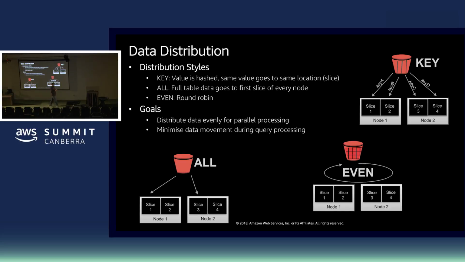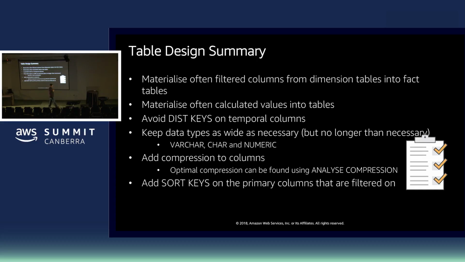The whole idea behind distribution is to distribute the data evenly for parallel processing and also reduce the network chatter between the nodes. Any network chatter is I/O, and if I cannot reduce the I/O, my queries are not going to run faster. So I need to reduce my I/O. Again, distribution is very, very critical for your optimal performance of your Redshift cluster.